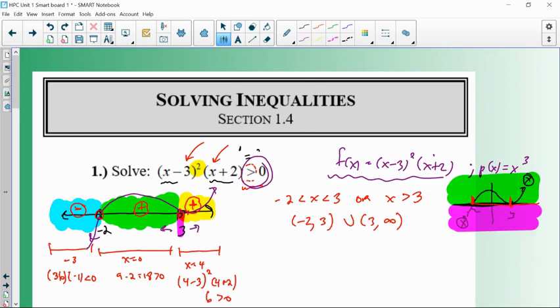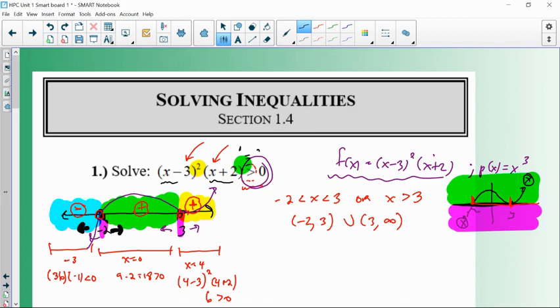So if you knew one side was positive by picking a test point, then the other side would also be positive. And if the multiplicity of your zero is odd, like this one, a power of 1, then on either side of that zero the behavior has to switch signs. So if one side's positive, the other side has to be negative.